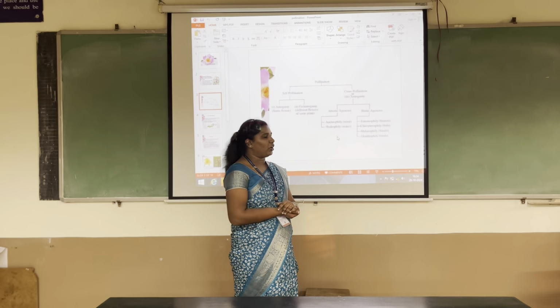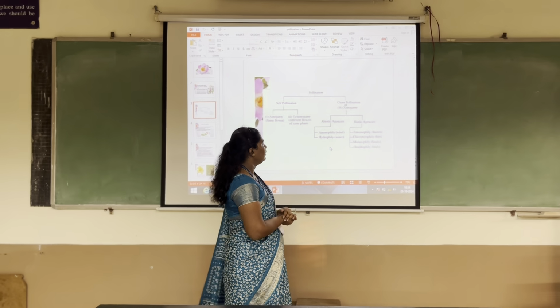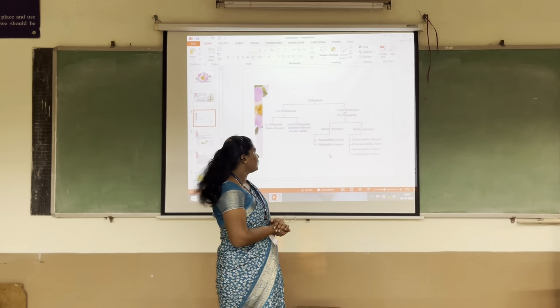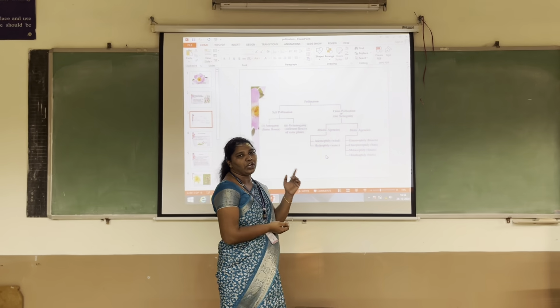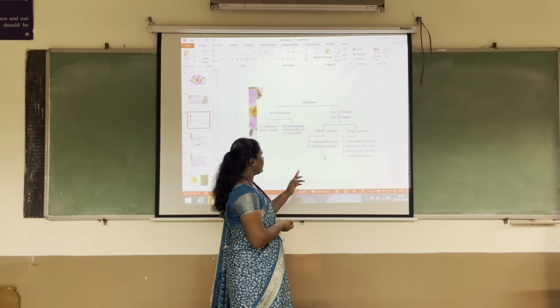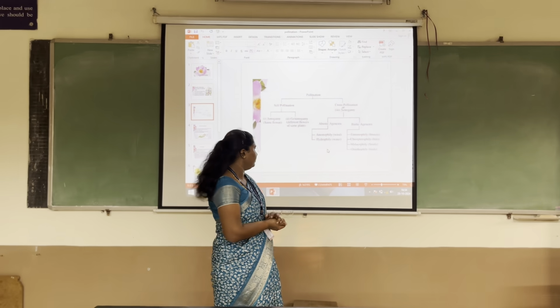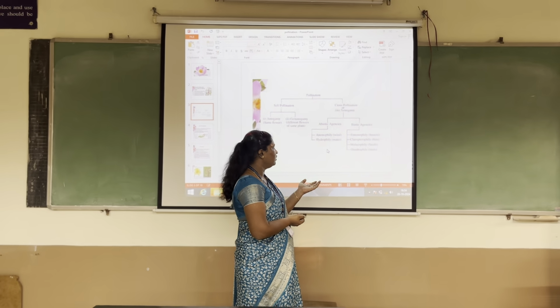Now, in cross-pollination, we can again see two types of agencies. Cross-pollination is also known as xenogamy, and the abiotic agencies are the first type of pollinating agents. The first is anemophily, where the transfer takes place through wind. The second is hydrophily, where the transfer takes place through water.